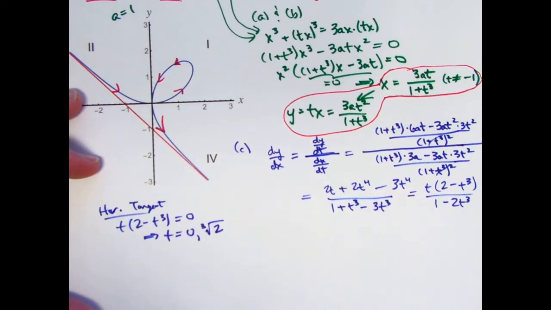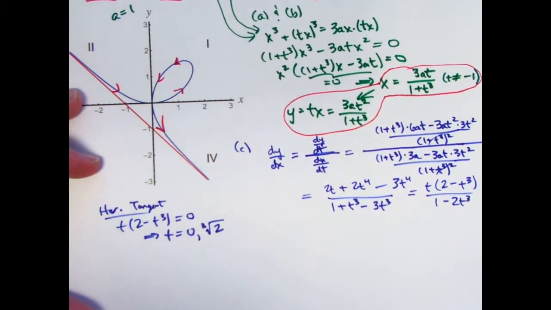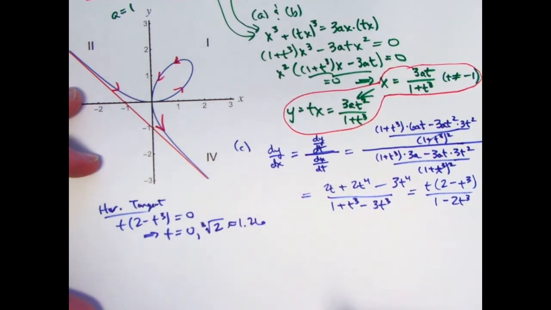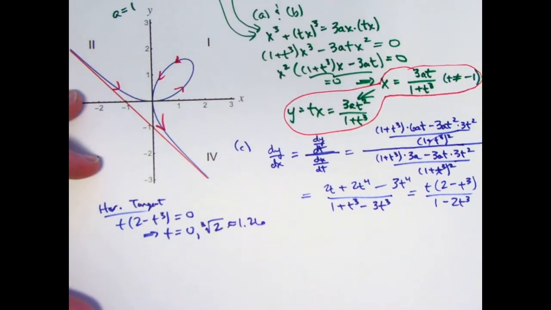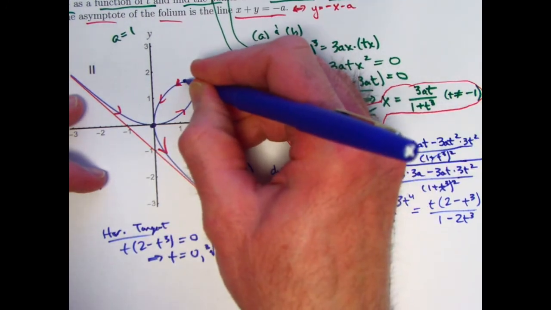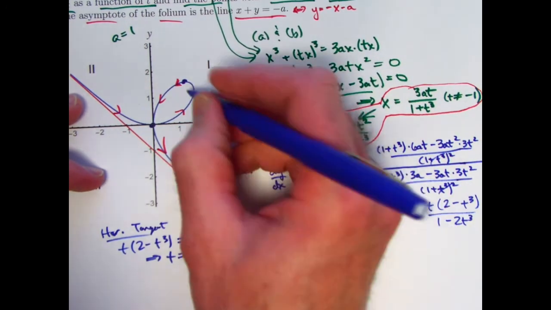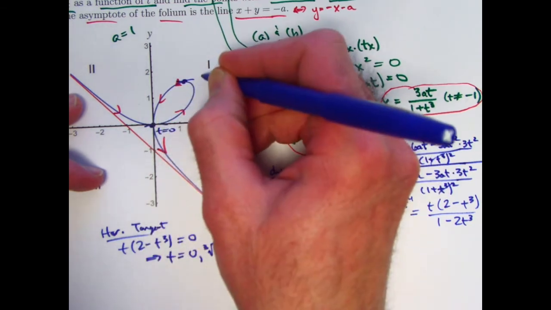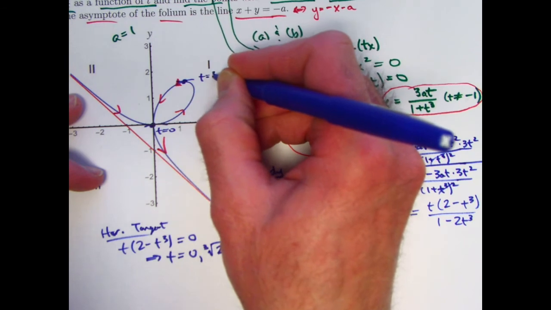Let me quickly estimate the cube root of 2. Turns out to be about 1.26. That's going to be here and here, where you've got horizontal tangents. This one when t is 0. This one when t is the cube root of 2.